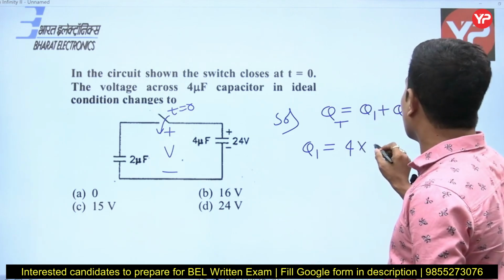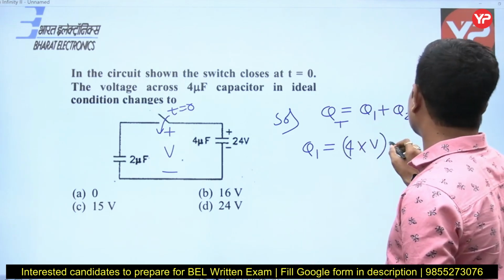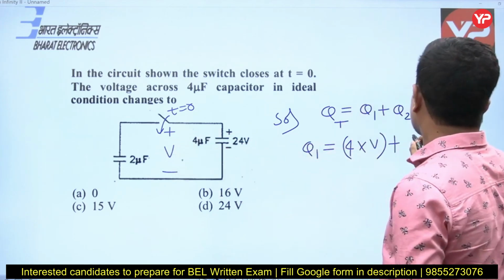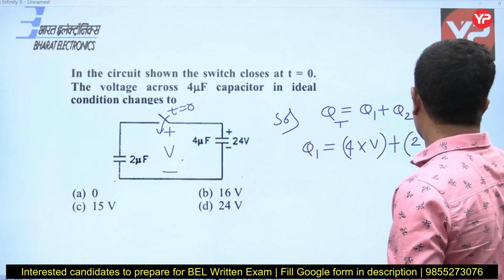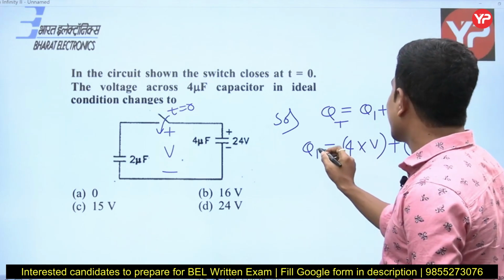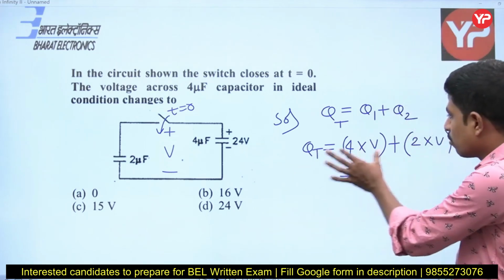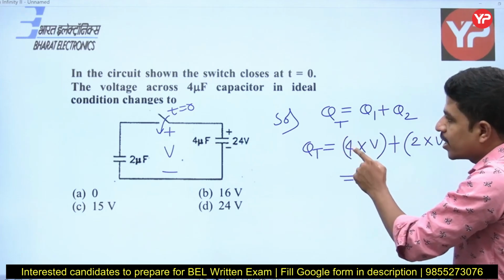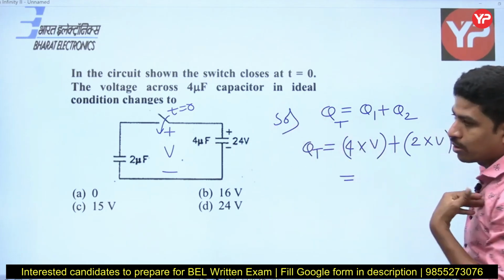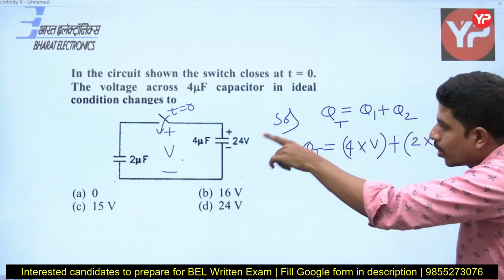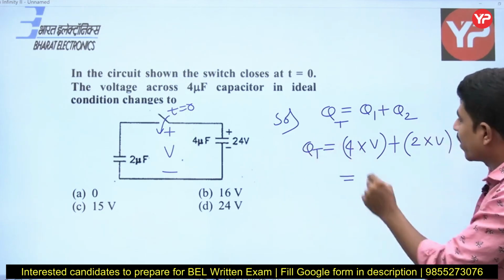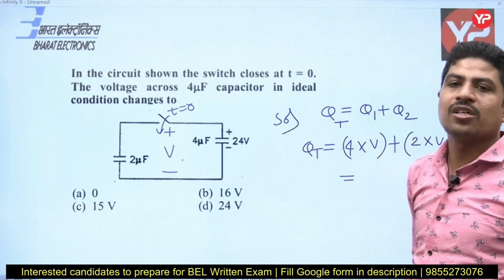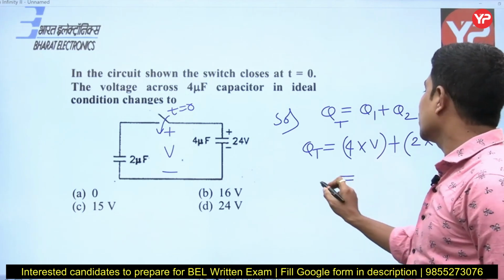After reaching steady state, the voltage is V. What is that? C is 2, V is V only. But what is QT? I am taking this one as the first capacitor, that one as the second capacitor. C is 4 micro, V I assumed. Now Q2, C is how much? 2 micro. V is V only, we assume it as V. 2 into V. Now what is QT?